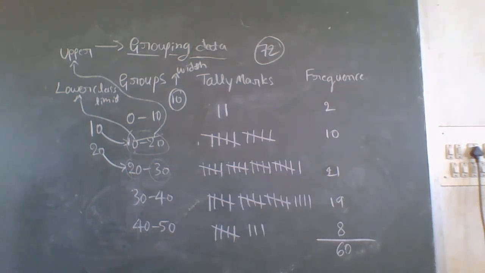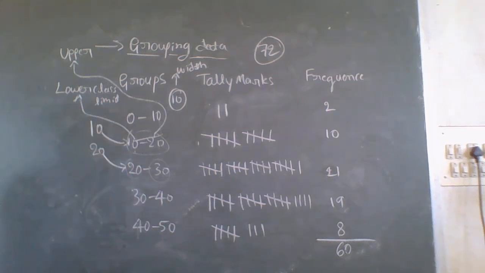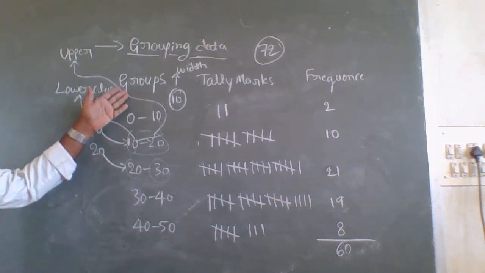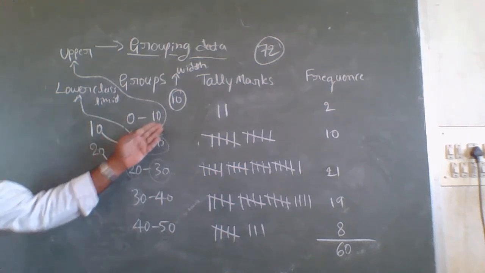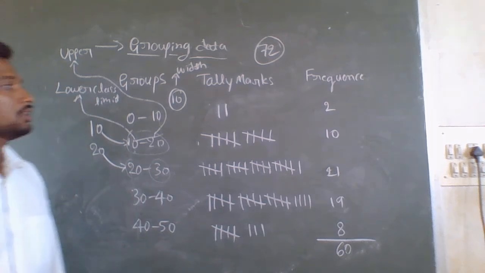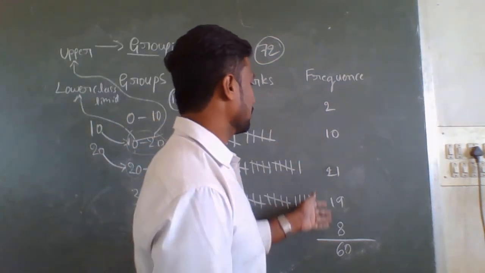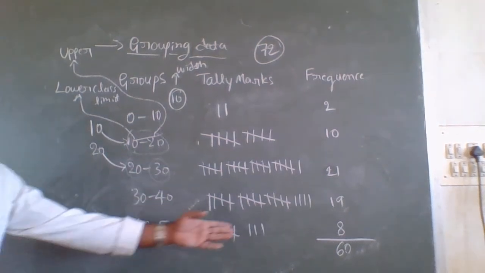So what are the important terms here? This is the example of class 8 students writing an exam for 50 marks. We are making groups with class intervals 0 to 10, 10 to 20, like this up to 40 to 50, and these are the numbers of students getting marks in each.